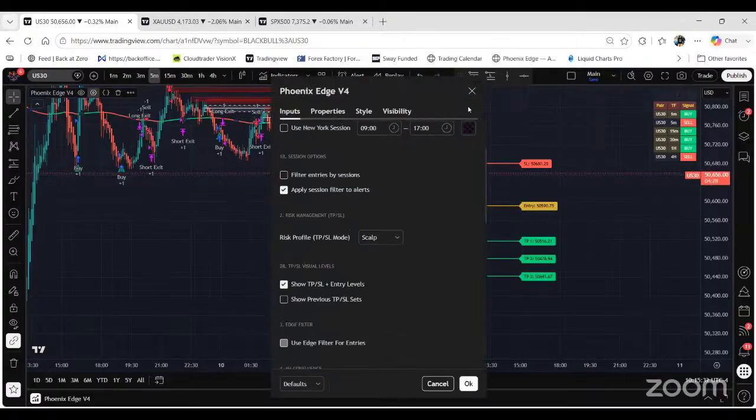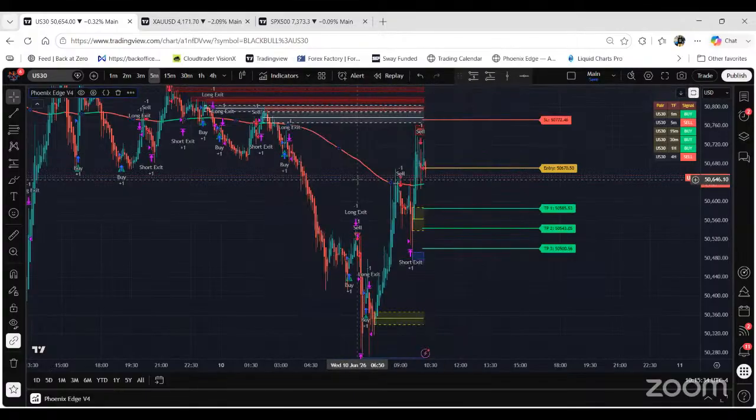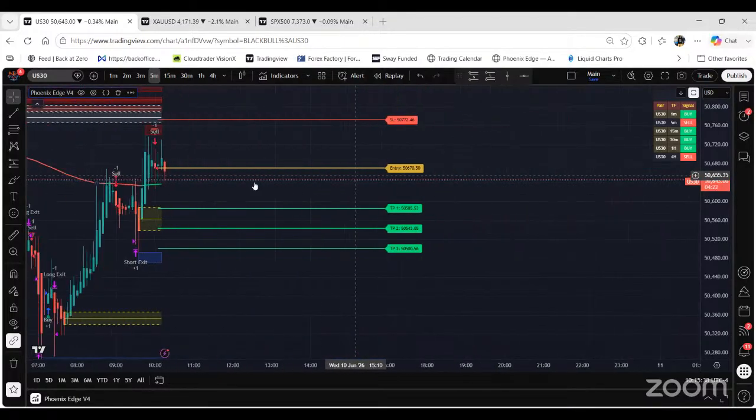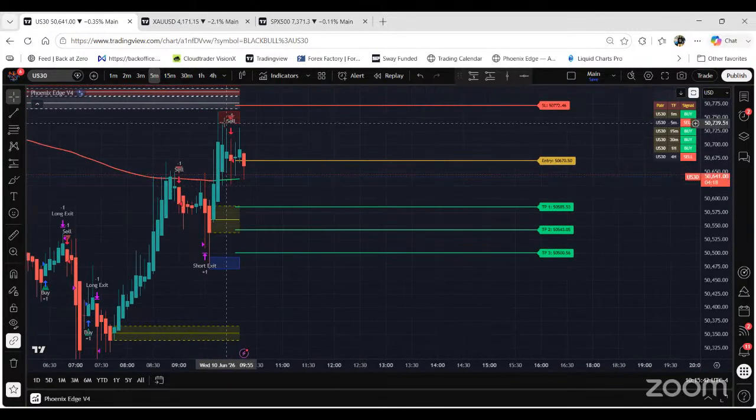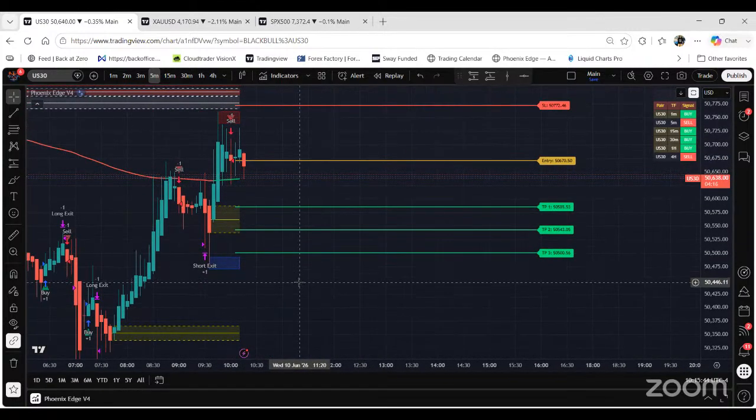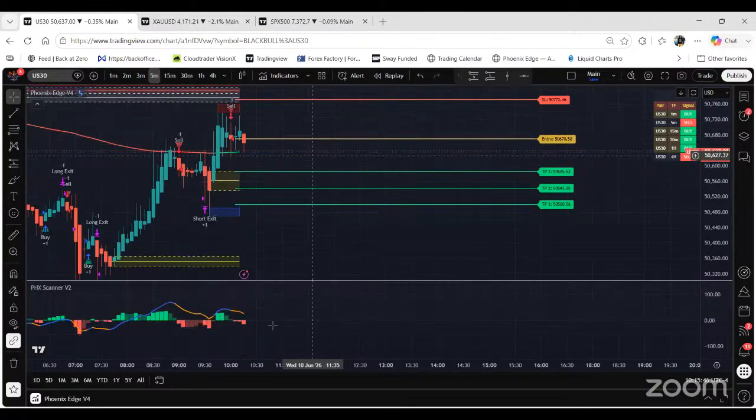Not to say that with the edge filter off, it still won't work. We just want to make sure we're taking high probabilities, like the one Austin called out is right here with the edge filter off, bounced off the zone. And as soon as I bring my momentum back, that one wasn't quite on the momentum.